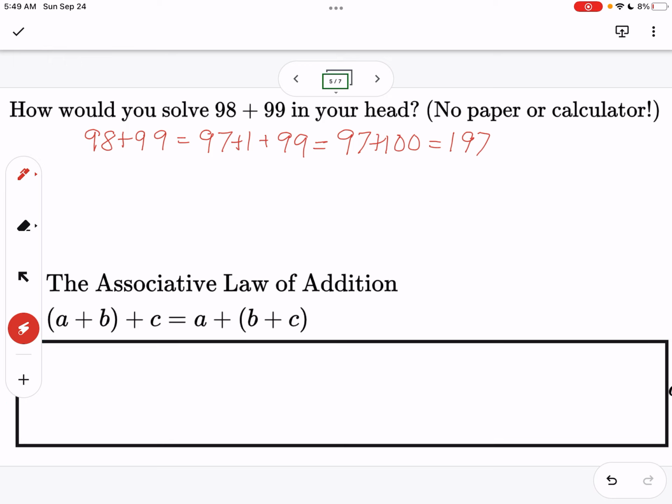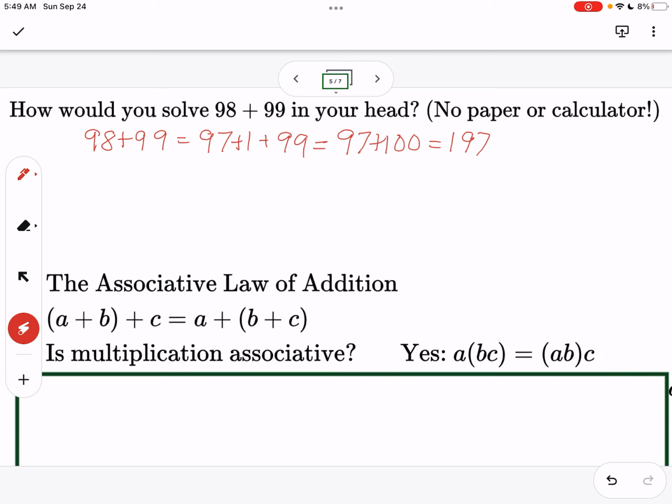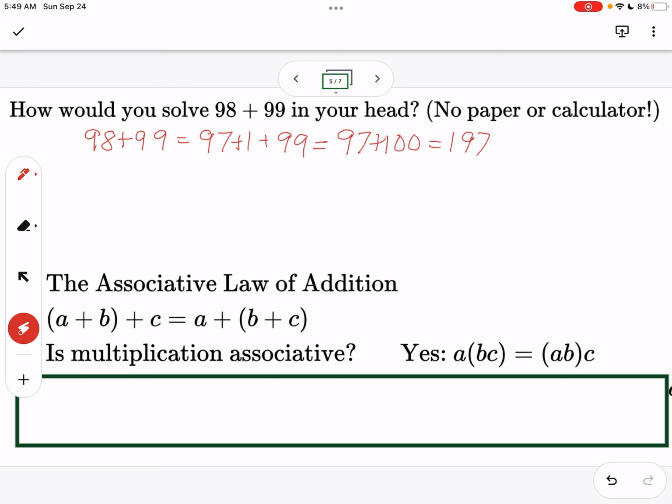So is multiplication associative? Yes. I can multiply B times C and then multiply by A, or we can multiply A by B and then multiply by C. That's fine. We can multiply in whatever order we want.